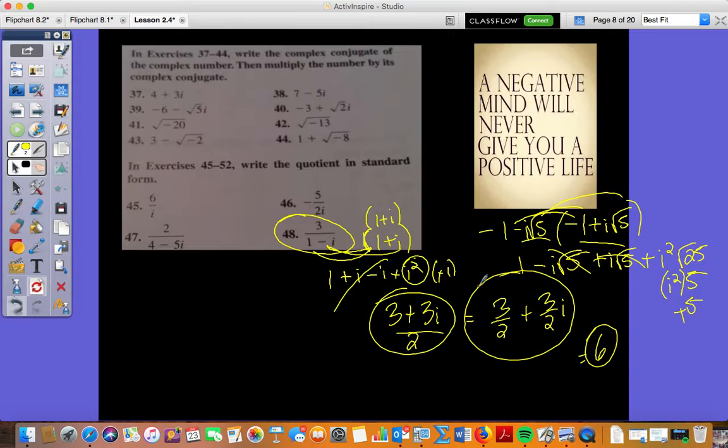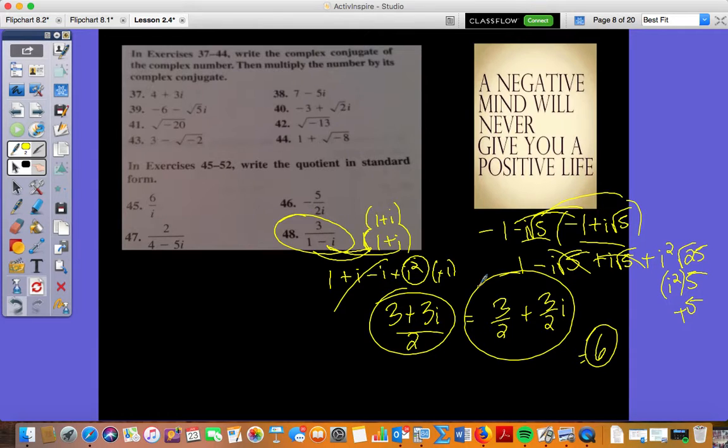Okay, so with this one, you're going to use the same idea. It's a little easier because in this case, we have 3 minus i. So what would I multiply top and bottom by to get rid of the i on the bottom? Well, you multiply by the conjugate of this. So what's the conjugate of the bottom part?